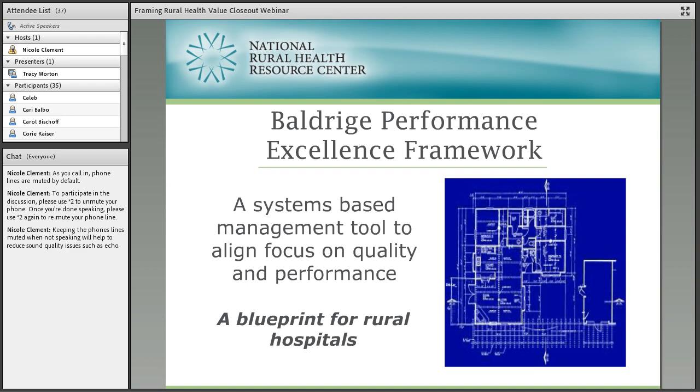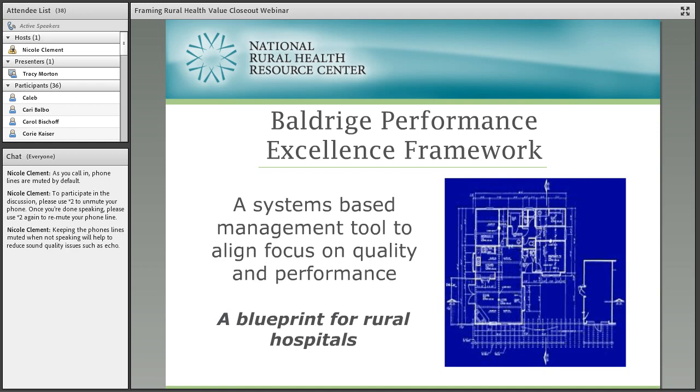And so a systems-based management tool is really required to help us align our focus on quality and performance both in hospitals and also in the state flex programs as well. So throughout the series, we've been talking about the Baldrige Performance Excellence Framework and how this truly can be a blueprint for our rural hospitals in the times ahead.